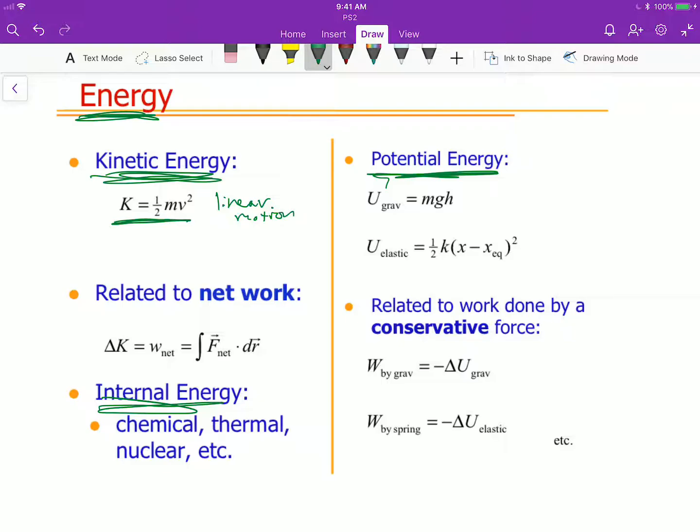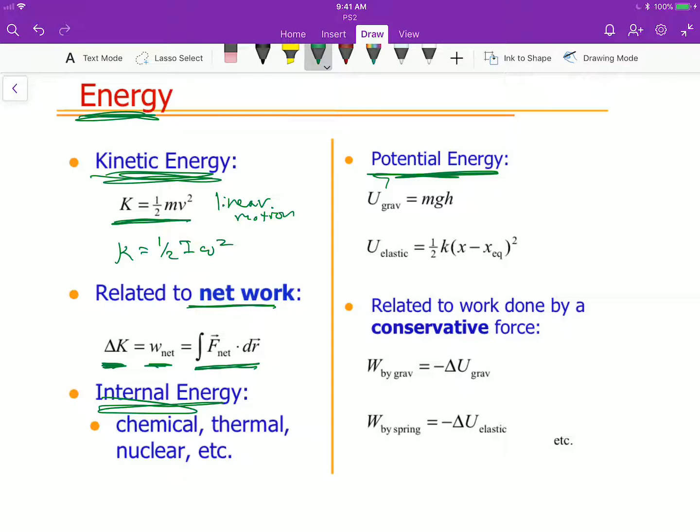But then we also had a kinetic energy for rotation, which was 1/2 I omega squared. And so that's actually related to work and related to forces in the following way, that the change in the kinetic energy of any object is equal to the net work, which is just the integral of the net force with the dot product into the position, basically how much it's moved.